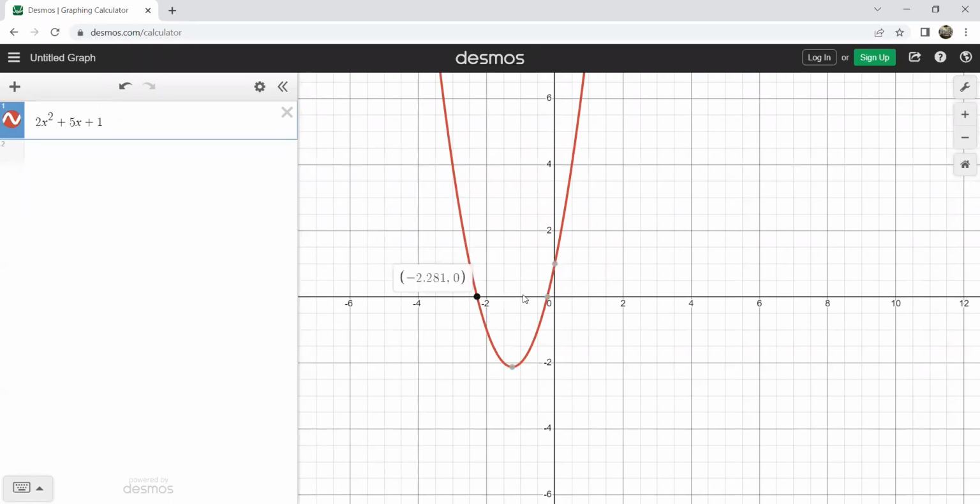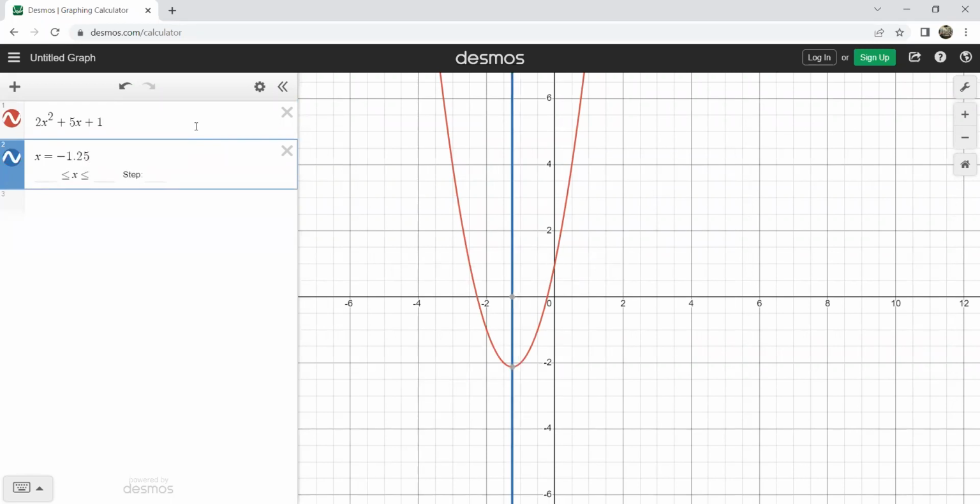We have x-intercepts, we have the y-intercept, and here it gives you the axis of symmetry, negative 1.25. So x equals negative 1.25 is the axis of symmetry. It means that the graph is symmetric with respect to this line. If you fold the graph to the left or right, it's going to be symmetric with respect to this vertical line.